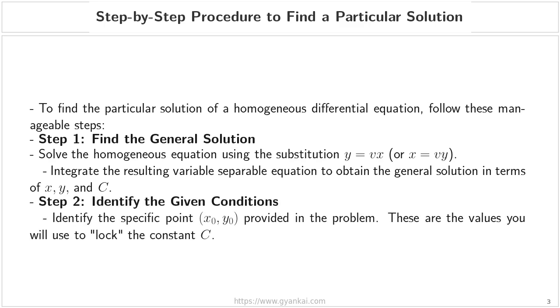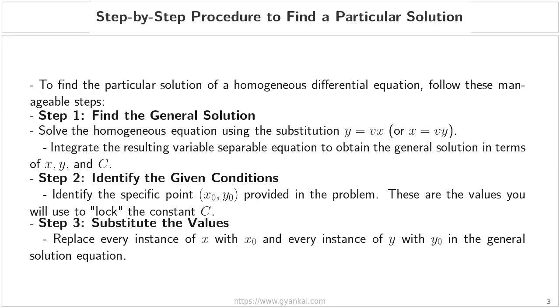Step 2 is to identify the given conditions. Look closely at the problem statement for any specific information provided. You are looking for a specific point, which we denote as x0 and y0. Think of these values as the key that will allow us to lock the constant C into one specific value. Step 3 is to substitute the values.